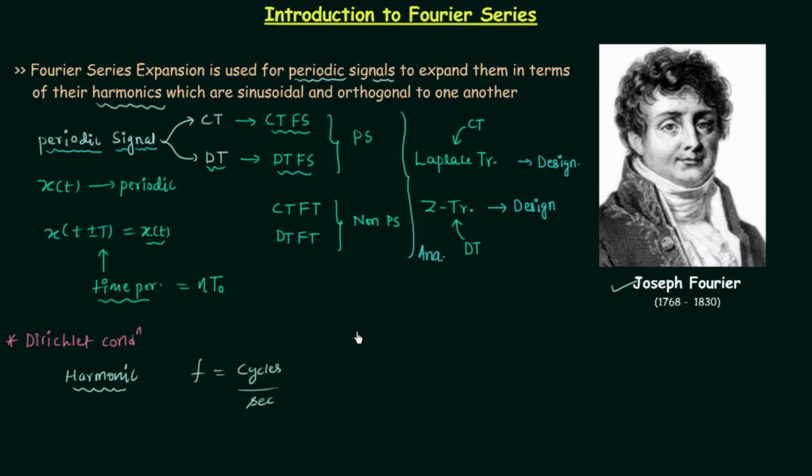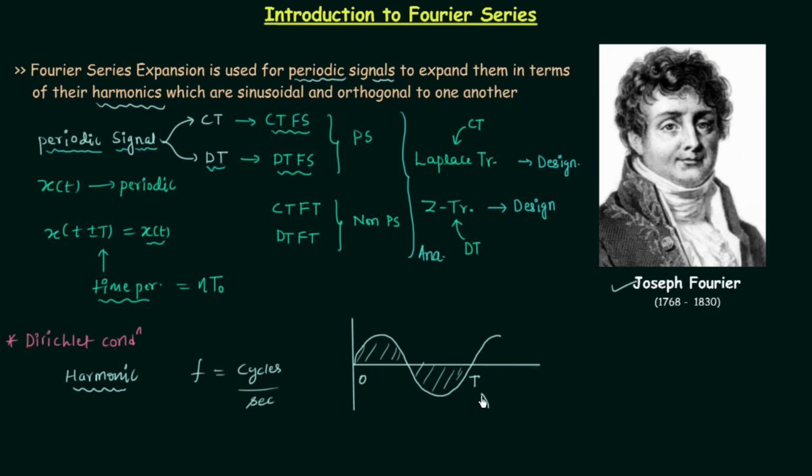I will quickly plot a sinusoidal waveform, and I hope you understand what we mean by sinusoidal waveform. Either we can have a sine waveform or a cosine waveform. Here I have taken the waveform of the sine function, and you can see one cycle is completed from 0 to T. 0 to T is the interval after which the signal repeats itself.